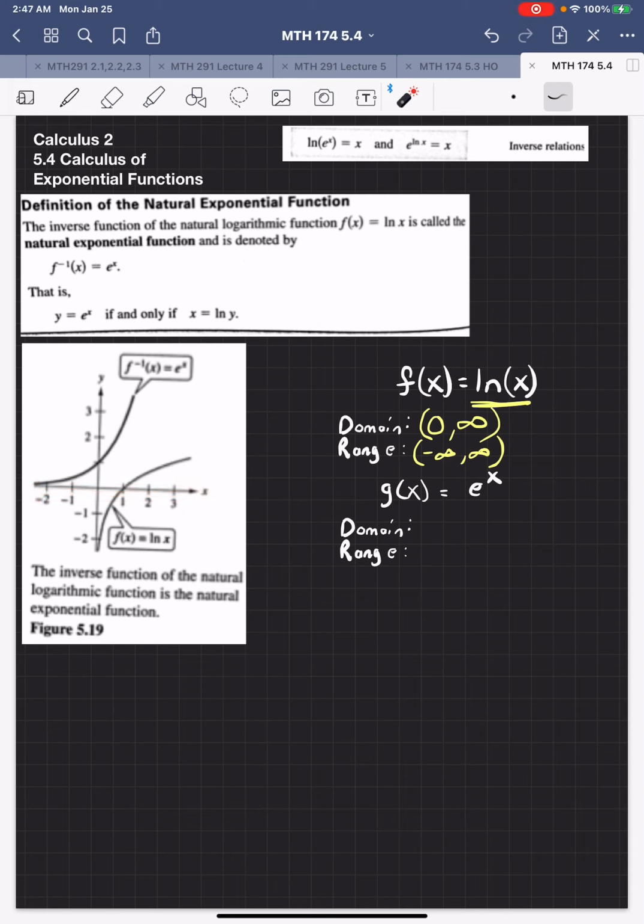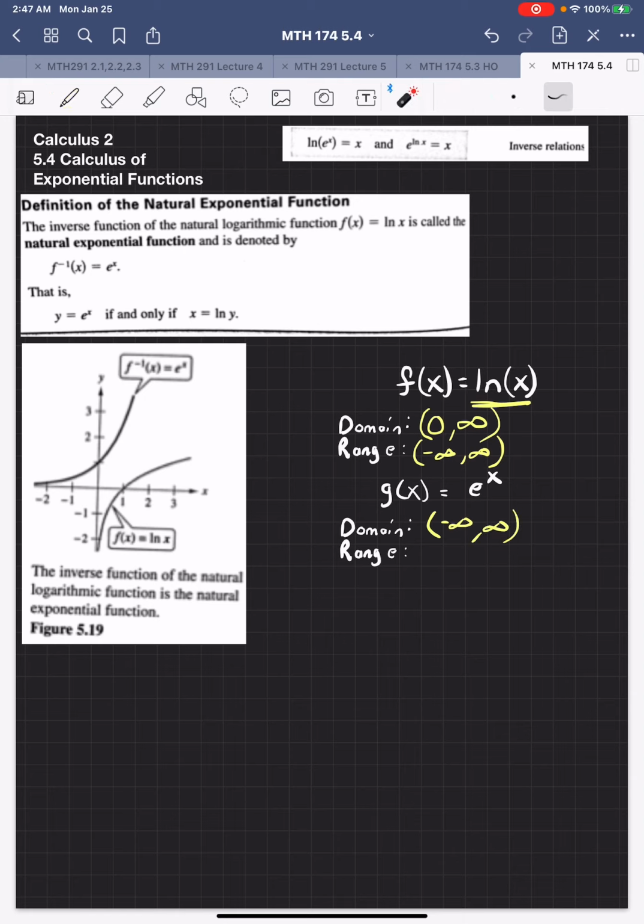If you keep drawing this graph, it'll go towards negative infinity, and if you keep drawing, it'll continue going in the positive direction to infinity. So the domain of e to the x is from negative infinity to positive infinity.